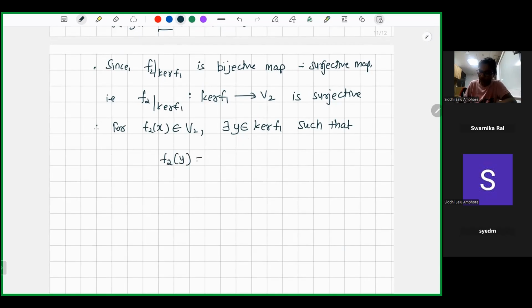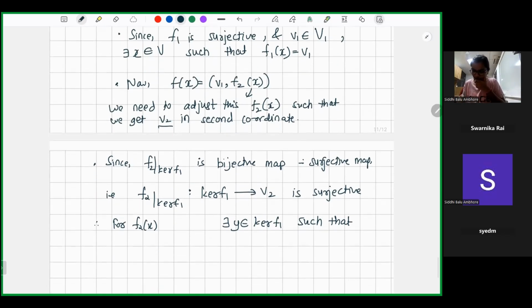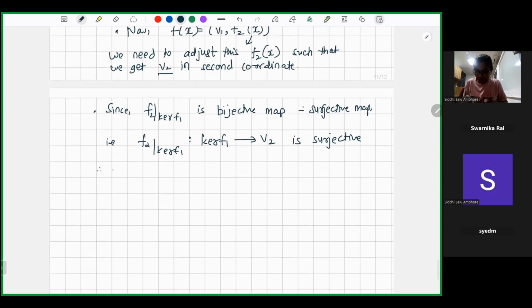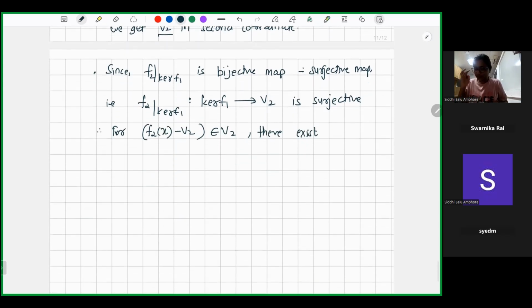Therefore, for f2 of x minus v2 in V2, this is pretty constructive.